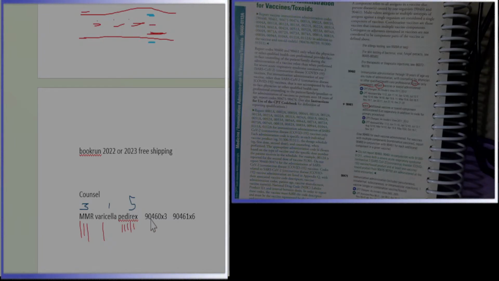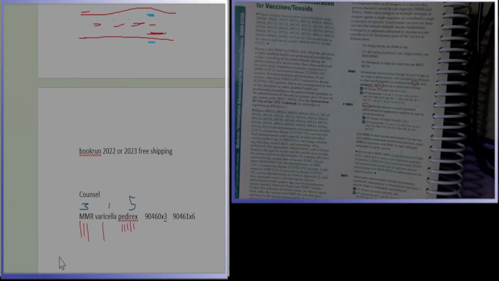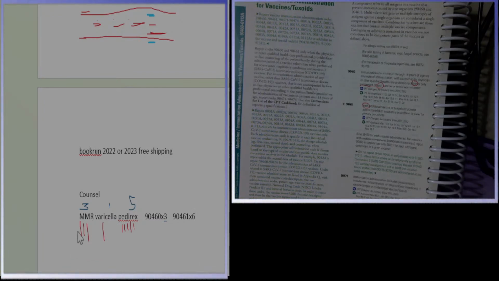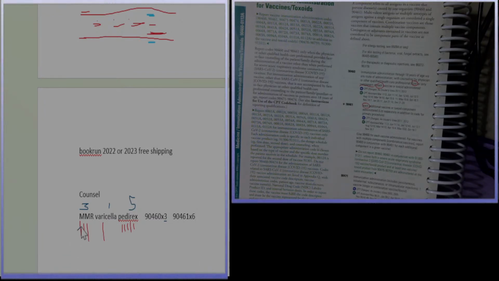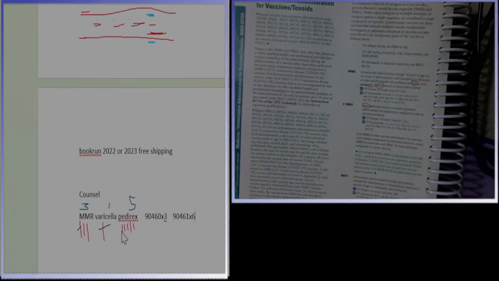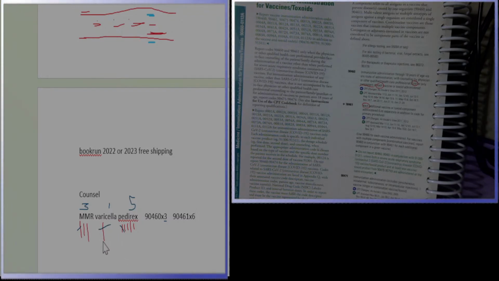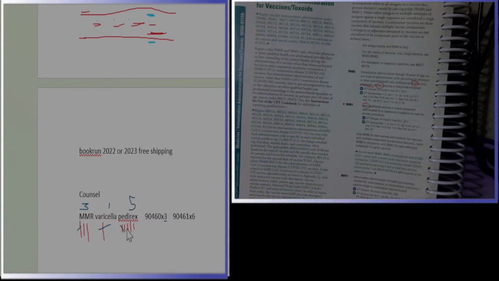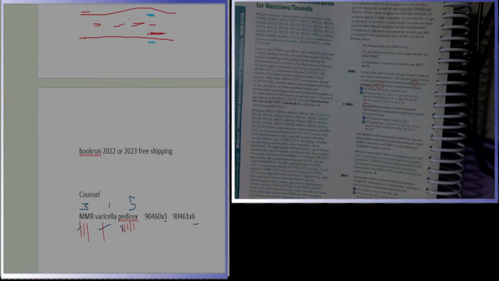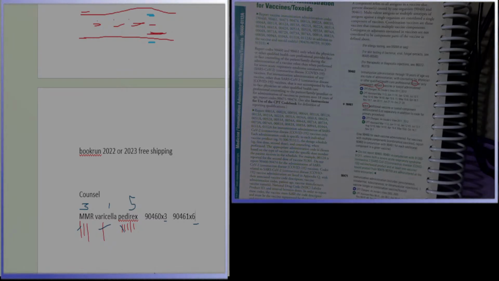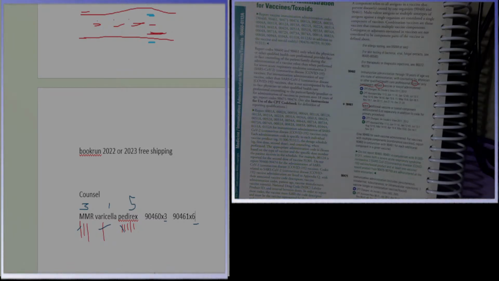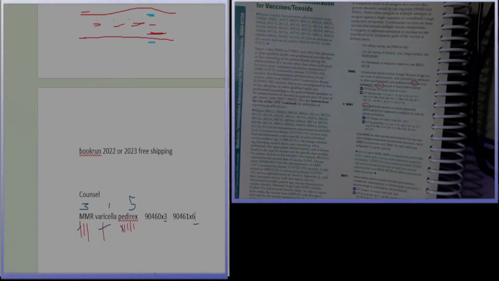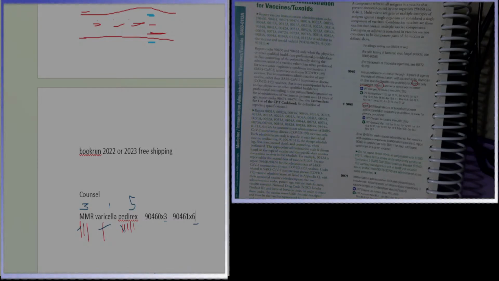We gave 3 shots, so either you can just take away all the MMR, or legally what we're doing is taking away 1 from here, 1 from here, and 1 from here. So then we add up what's left. 1, 2, 3, 4, 5, 6. That's why we got 6. Plus, if you add them all together, 5 plus 1 plus 3 is 9. If you add 6 and 3 together, you get 9.